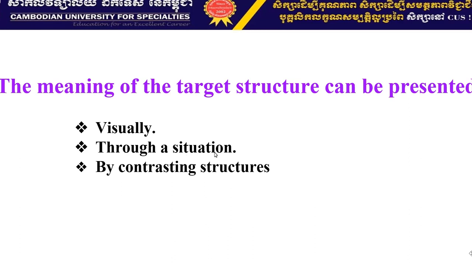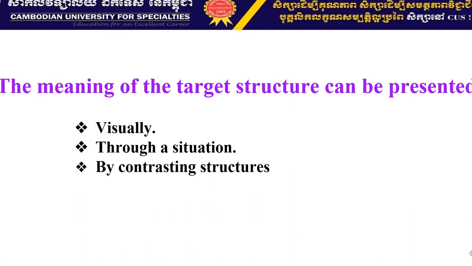Next is through a situation. So through a situation, the teacher can use a situation. He can create it, or he can play the audio of a situation where the target language is contained in it.